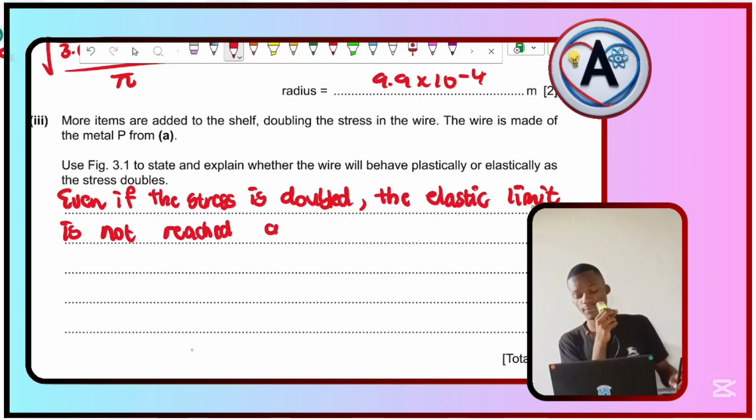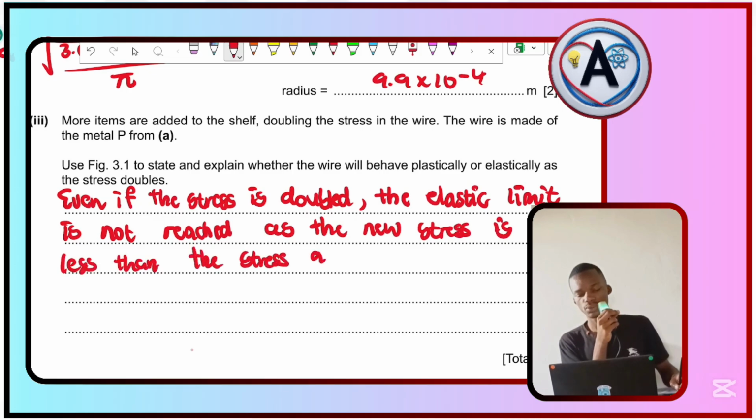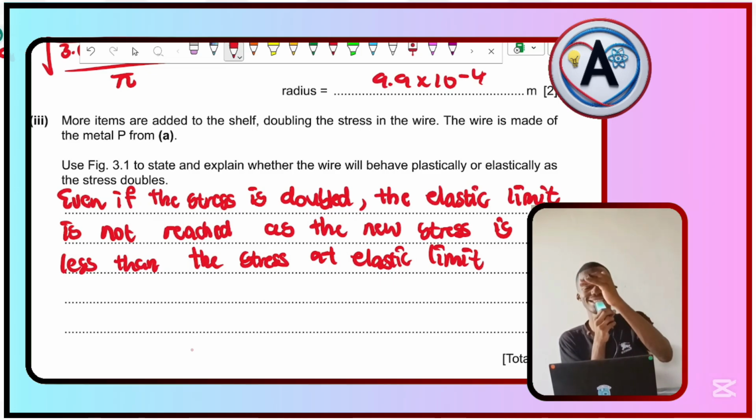Okay, that's very, very important, as the new stress itself is less than the stress at the elastic limit. So even if you double the stress, it's not going to reach the stress that's required for the elastic limit to be exceeded. You're not going to stress it enough for it to not return to where it started.